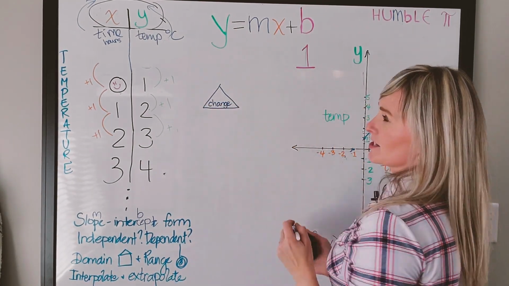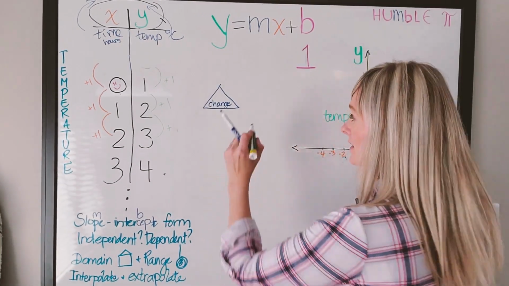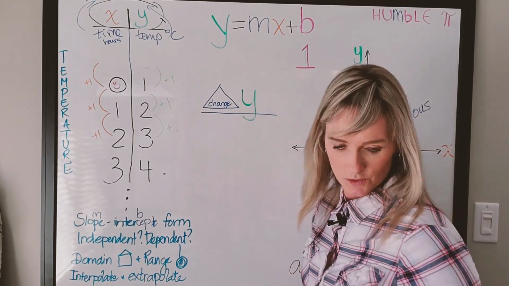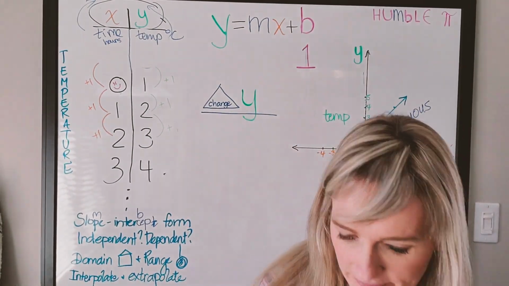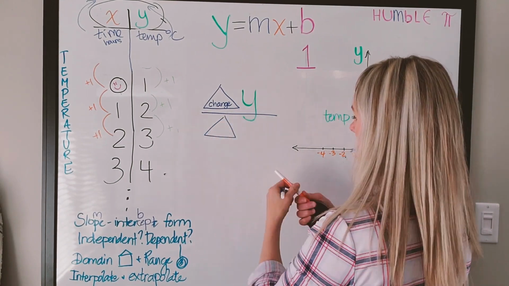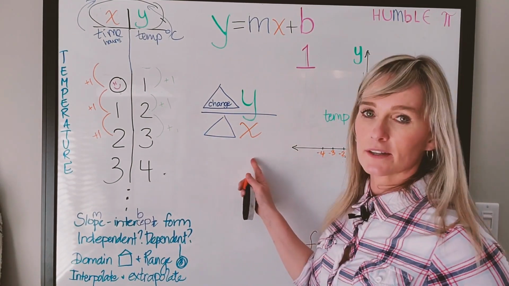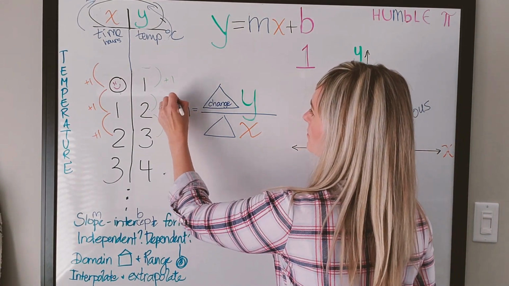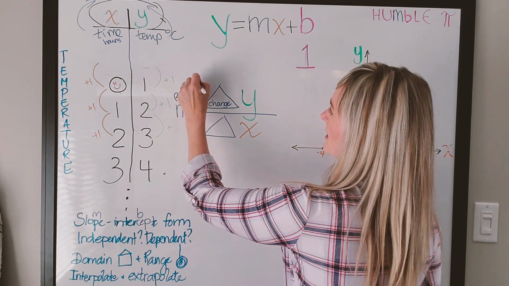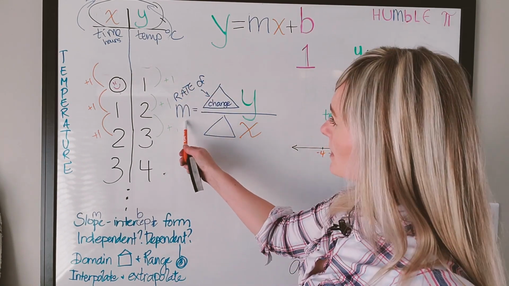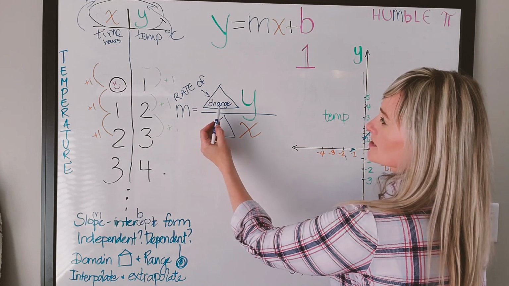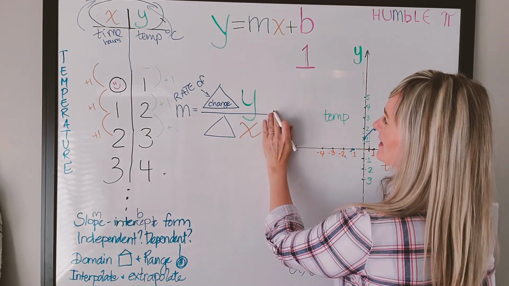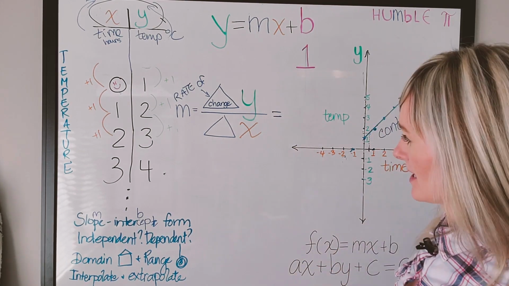So the change in the y values divided by the change in the x values will give you your slope. Remember, we're looking for the rate of change. How much it's changing on the y divided by how much it's changing on the x is going to tell you how steep our line is. Okay.